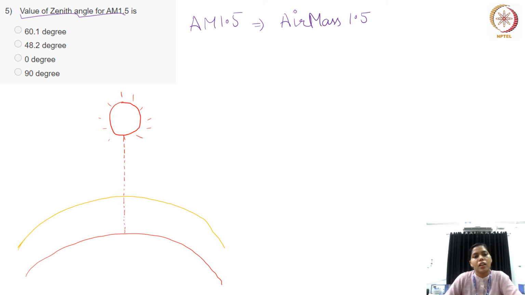So outside the atmosphere there is no air mass. Here air mass is 0. Okay, and when I'm talking about the radiation which is incident perpendicularly on the surface of the Earth, it is passing through the atmosphere once.